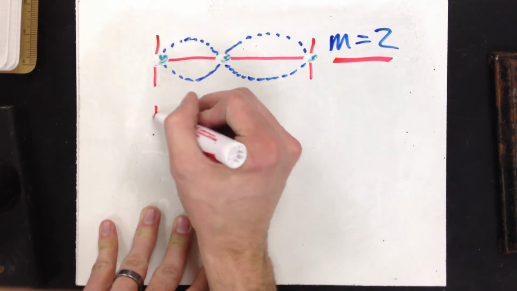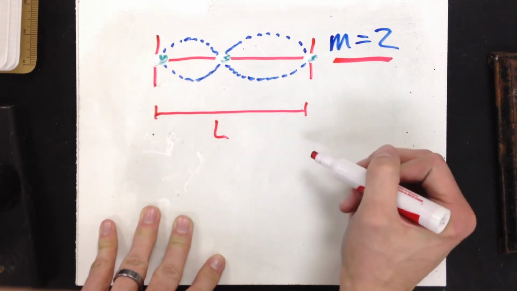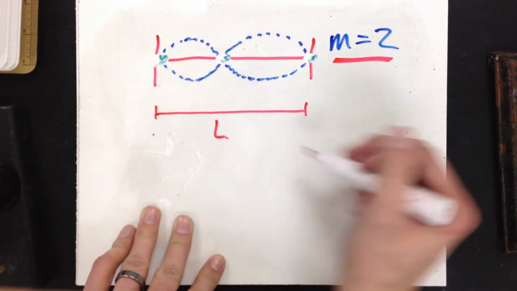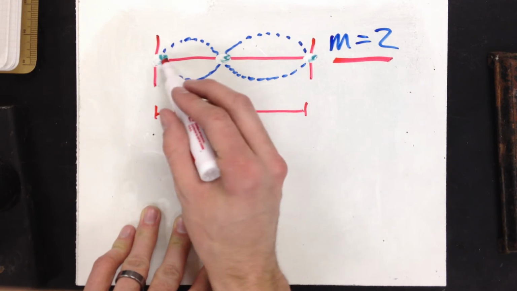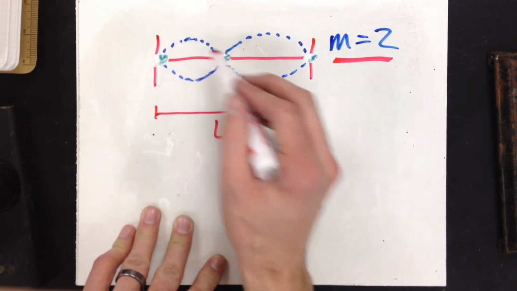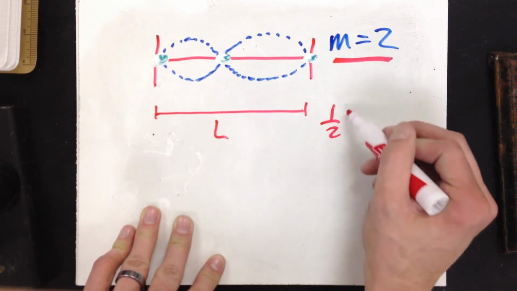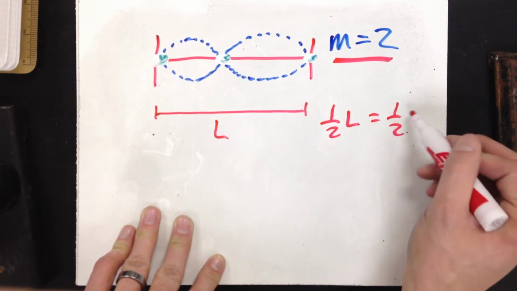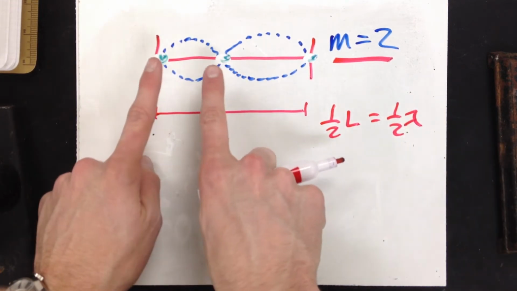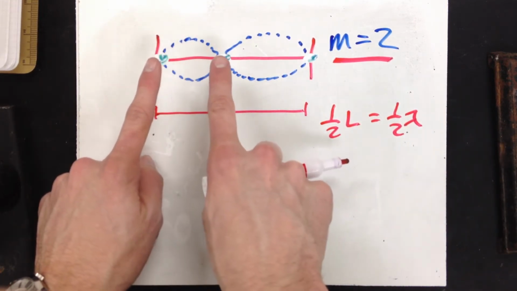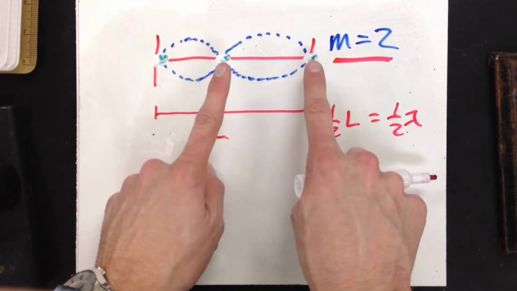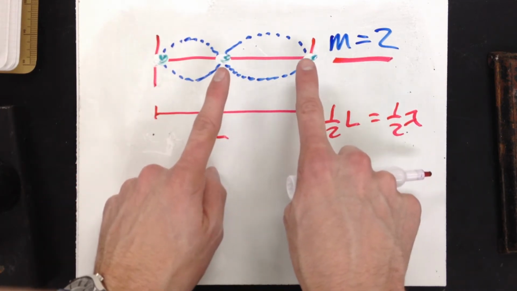Now again, my total length here is L. But now I've got this distance here, 1/2 L, equal to 1/2 of my wavelength. Because from here to here is 1/2 the wavelength. From here to here, if it were drawn to scale, would be 1/2 the wavelength.